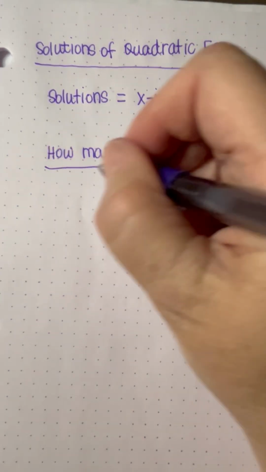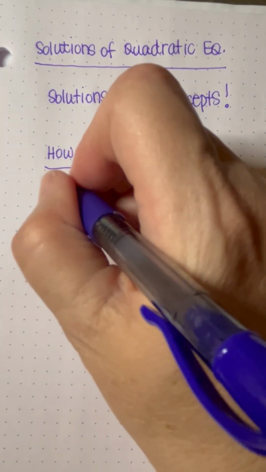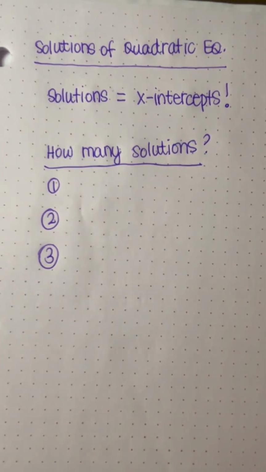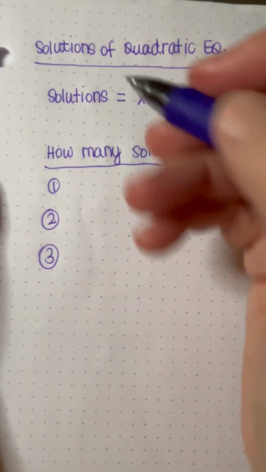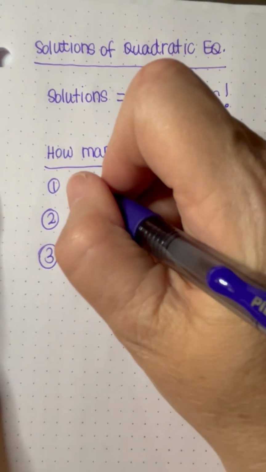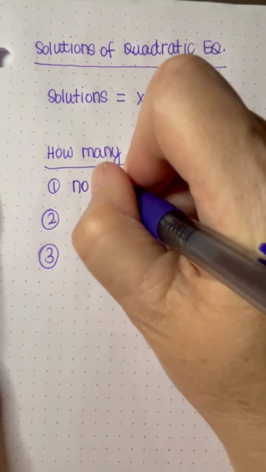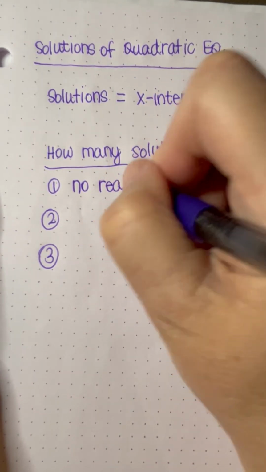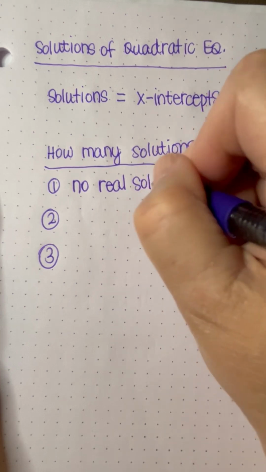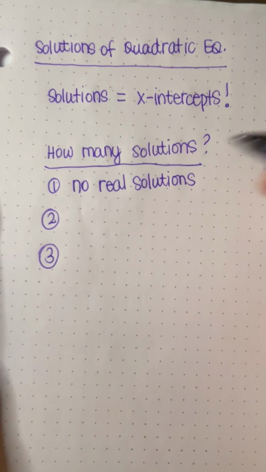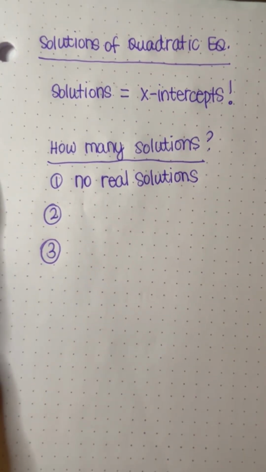And what you need to know is that when we are answering the question, how many solutions, for quadratic equations, there are only three possibilities. Three possible answers to that question of how many solutions are there. One of the possibilities is that there will be no real solutions. And again here, I want to point out something. That word real, that's something that the SOL folks like to throw in to kind of make this sound fancier than it really is.